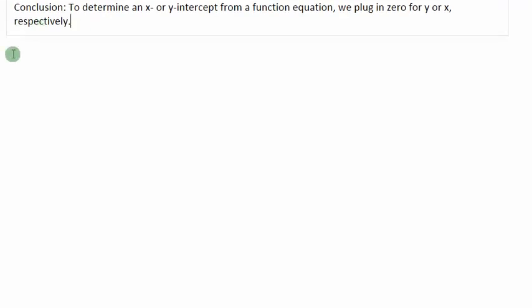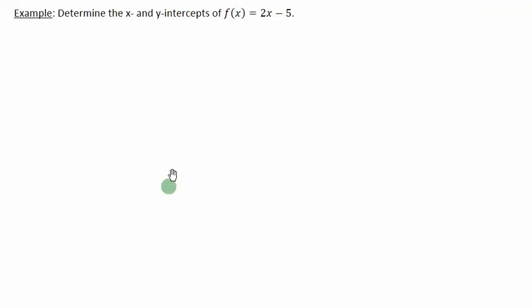So let's do an example. So we have this function f of x equals 2x minus 5. I want to know the x and y intercepts of this function. Okay, so realize that this function equation is the same as y equals 2x minus 5.